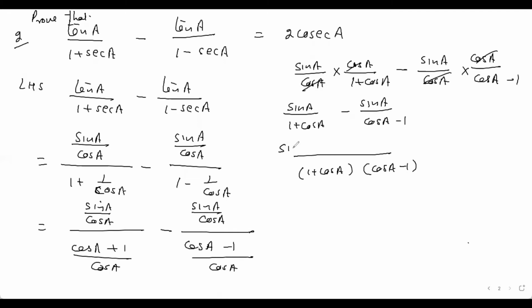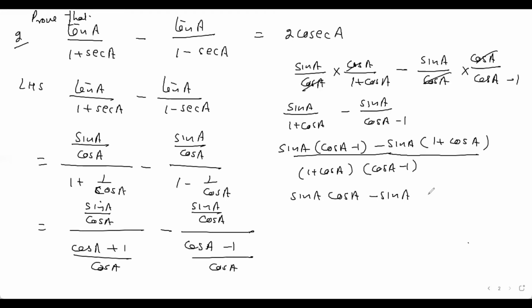Here I'll have sin A cos A minus 1 minus 1 plus cos A. Now this is sin A cos A minus sin A minus sin A minus sin A cos A. Now this is cos A plus 1, because 1 plus cos A can be written as cos A plus 1.